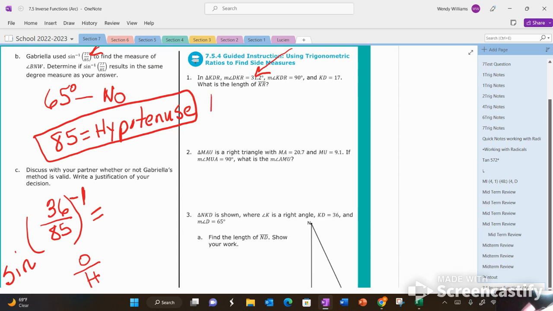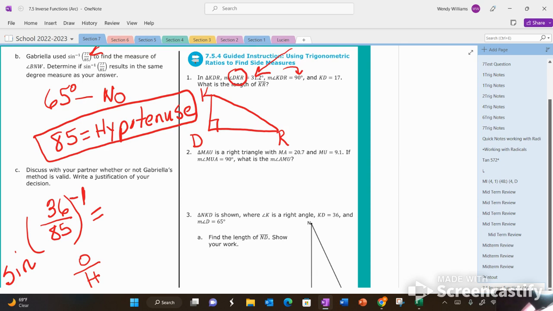So we got to make sure that we have our picture. Okay, D is the vertex, and that's 90 degrees. Then the other two letters must be K and R. And they say that the angle of DKR is 31.2.